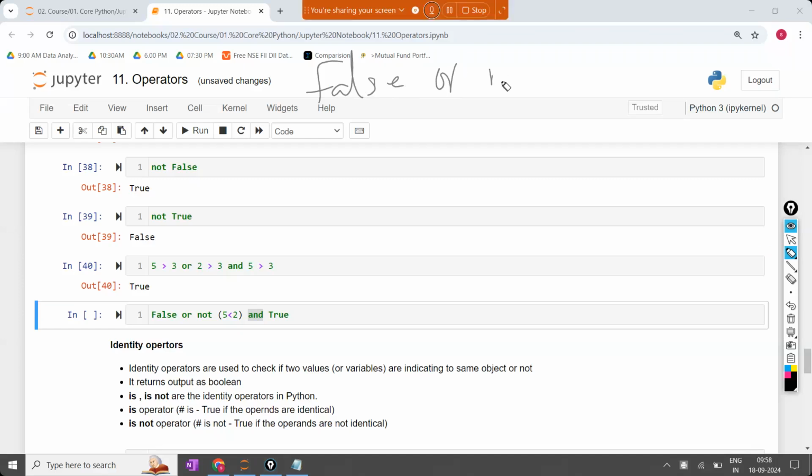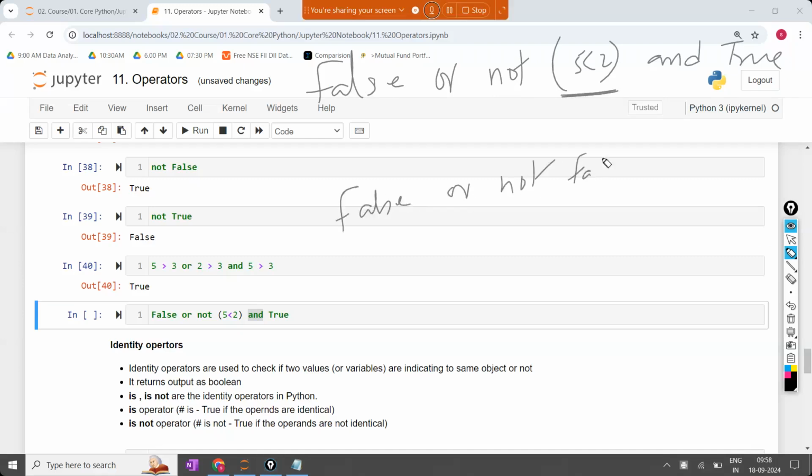So false or not (5 less than 2) and true. This is the question given to me. First the bracket will be completed. In the bracket, 5 less than 2 is false. So false or not false and true. Now or is there, not is there, and and is there.